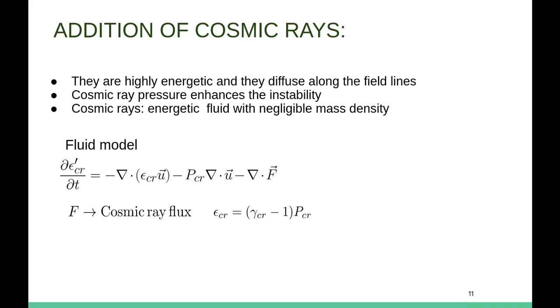This is work that is still going on, and I'm still analyzing the results. But from the preliminary analysis, we see that while the presence of cosmic rays enhances the instability, resulting in the instability kicking in and saturating faster, the final stage of the simulation is comparable to the runs with no cosmic rays.